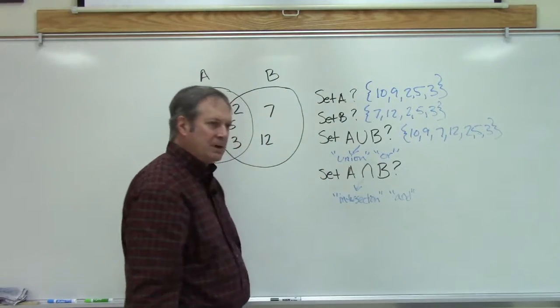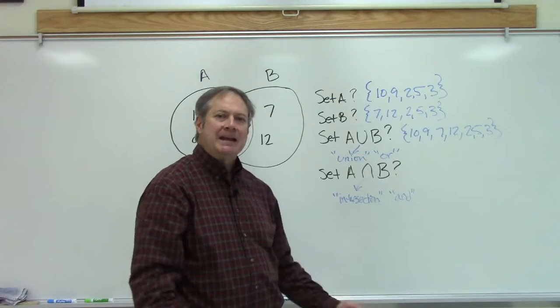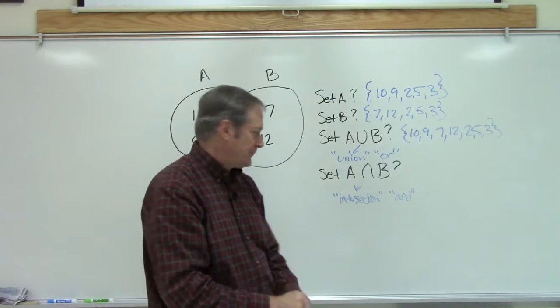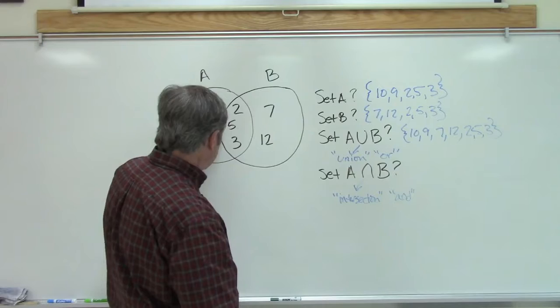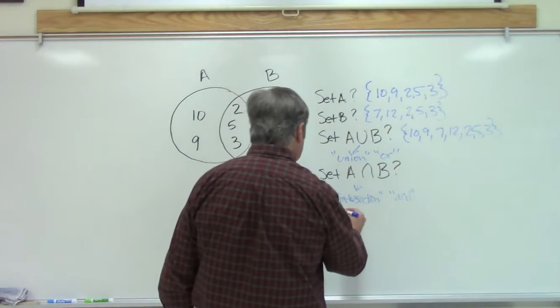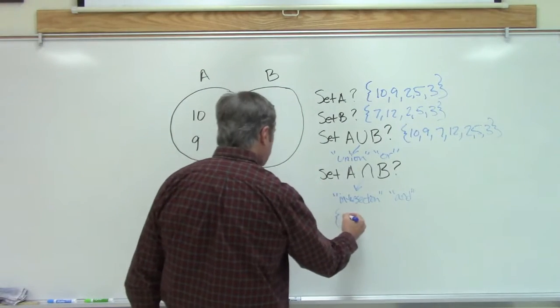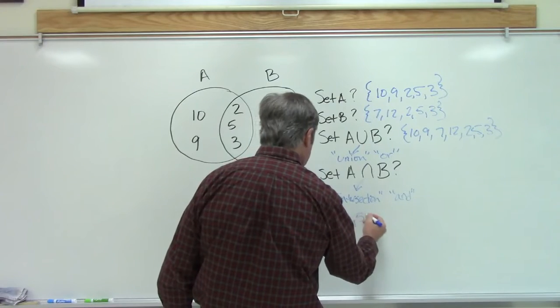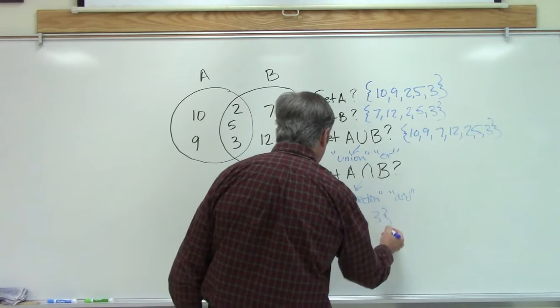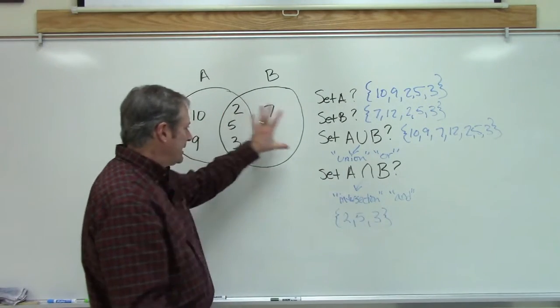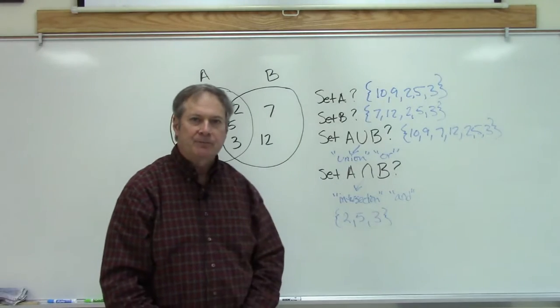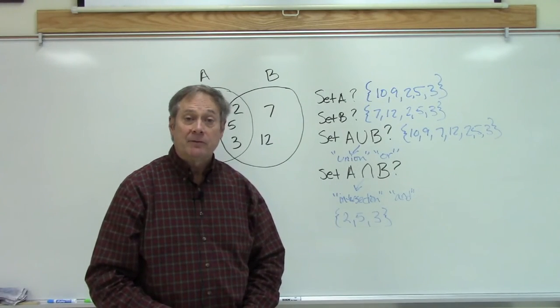What are the elements that are in both? And so that would be this area right here. And I'm going to write down here, and so this would be the numbers 2, 5, and 3. That's the intersection of sets A and set B. And that's it for the Venn diagrams.